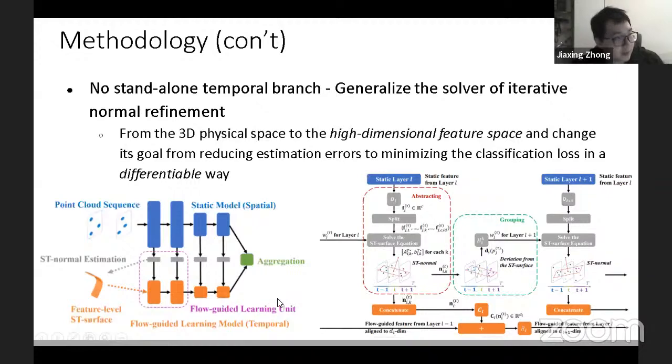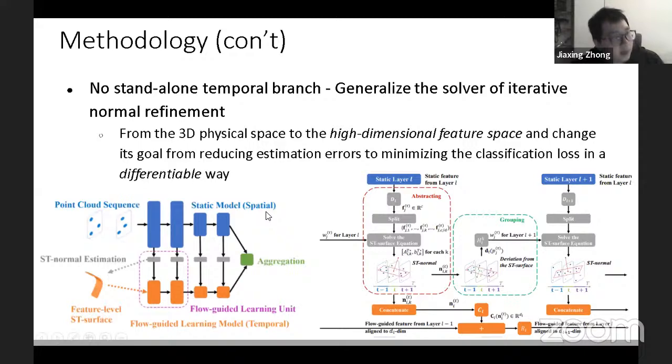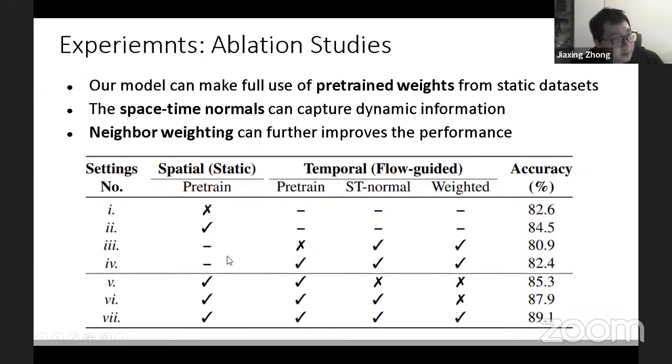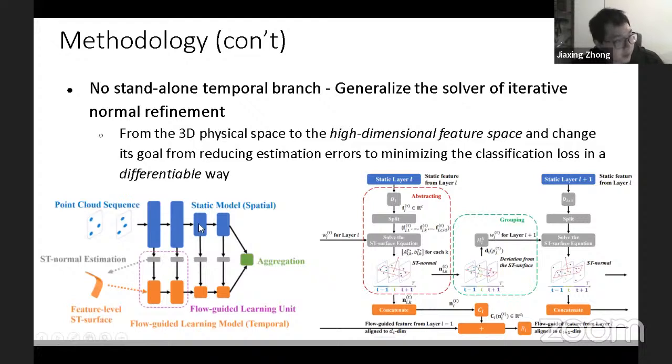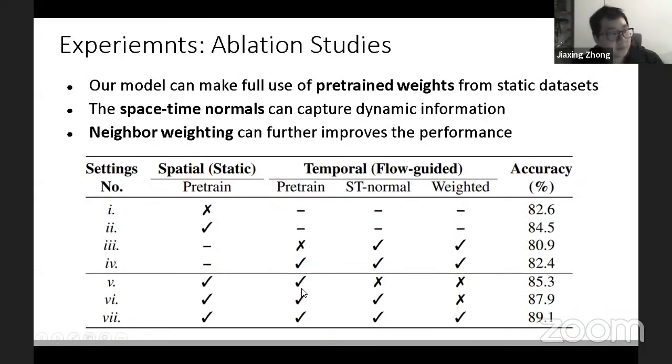It's indeed helpful. In these ablations, we are trying to prove we can get benefit from the static model, and also from the normal estimation and the neighbor weighting. And that's all of these ablation studies.